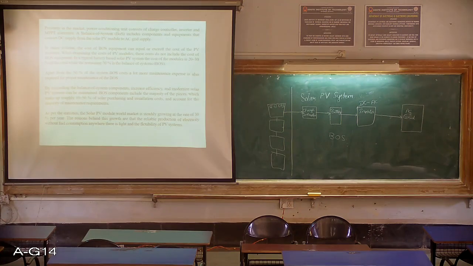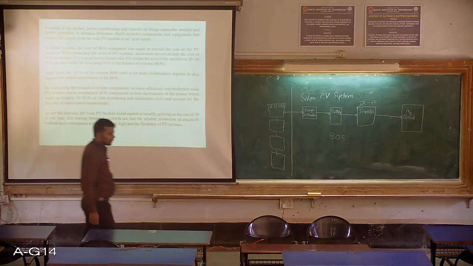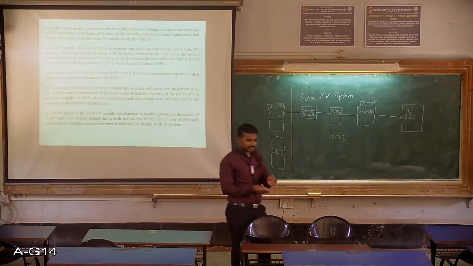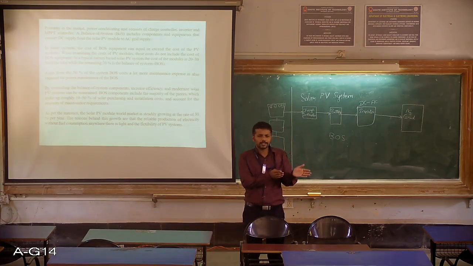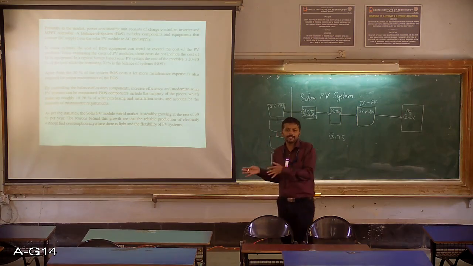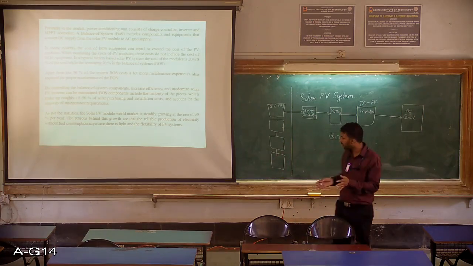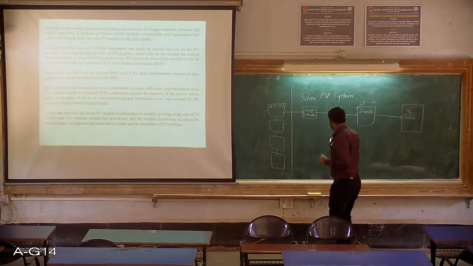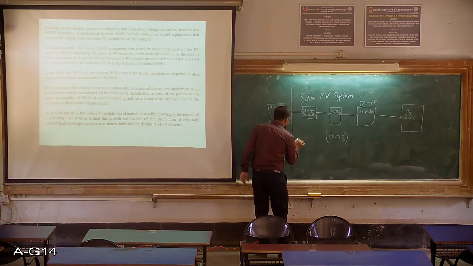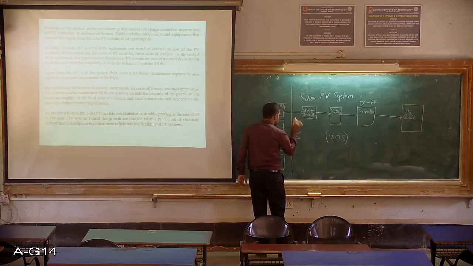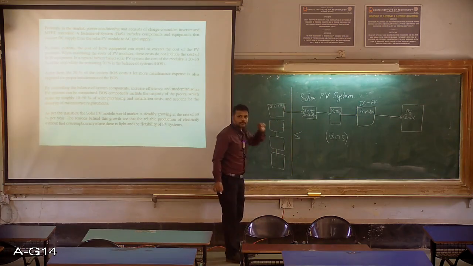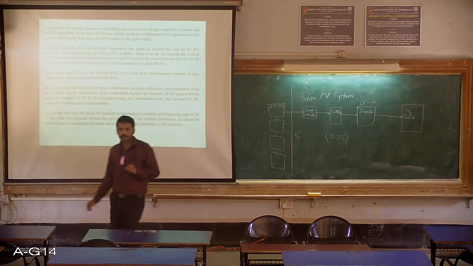In that, cost of BOS equipment can equal or exceed the cost of the PV modules. Normally while purchasing or while discussing the PV modules, we discuss only about the PV cells. We are not used to discussing the remaining system usually. So what is the meaning of that? This BOS system cost normally will be equal or more than the cost of the PV modules.